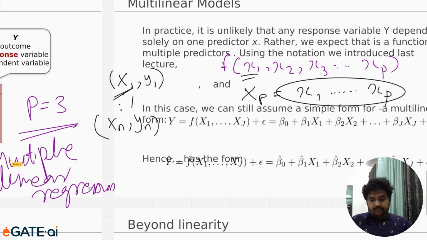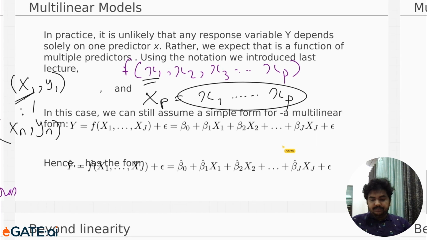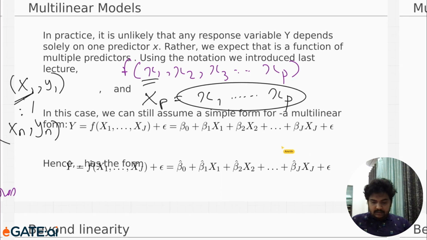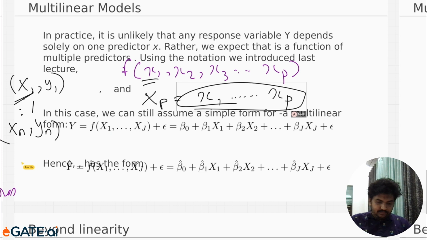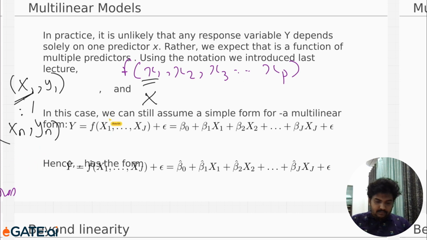Now let's put it as j just to be aligned with the rest of the notation, right?